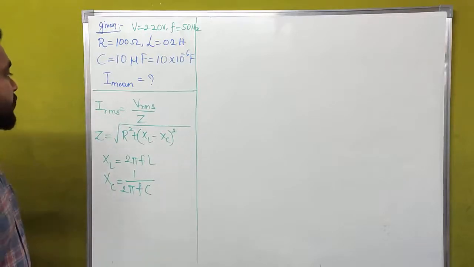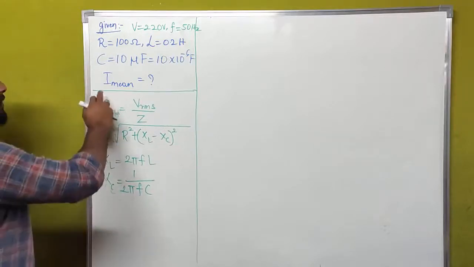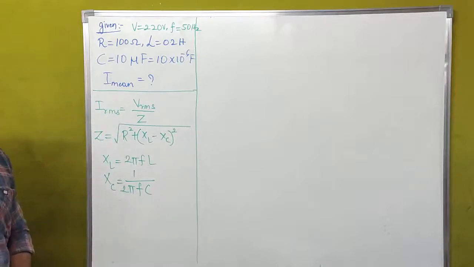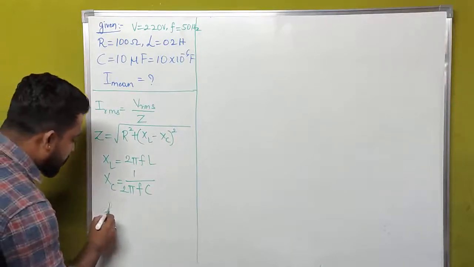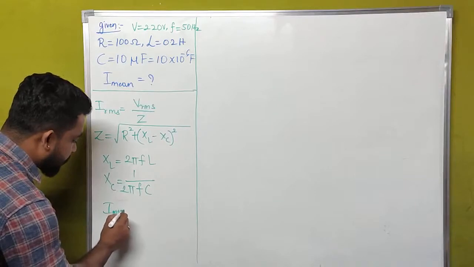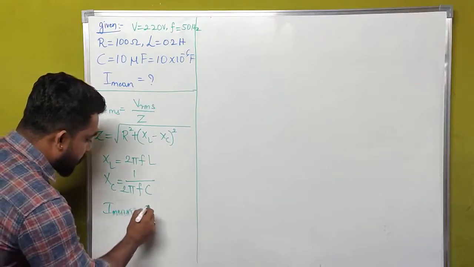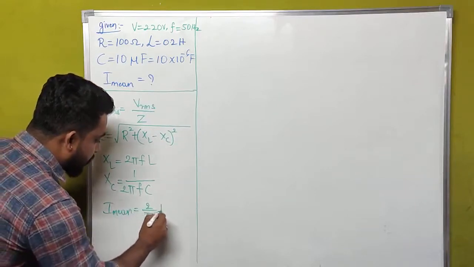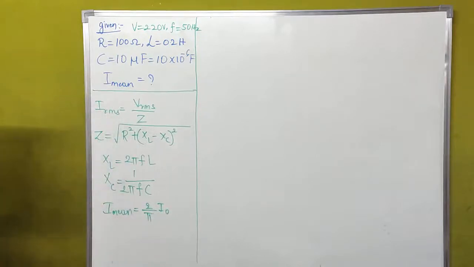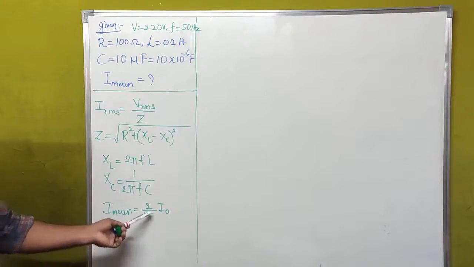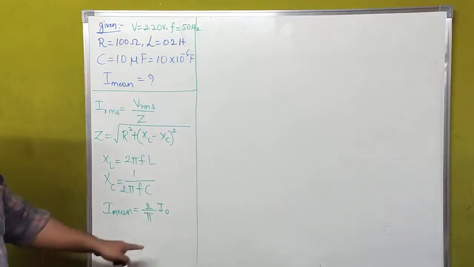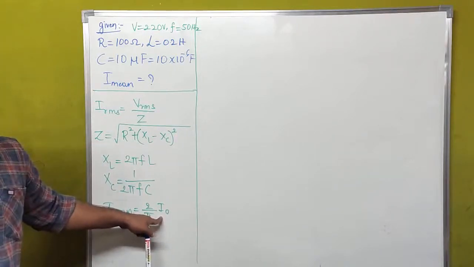Now, what is the main thing which we have to find? That is I mean. What is the expression for I mean? I mean is equal to 2 divided by pi into I naught. This is the expression for the mean value of current. But here we don't know the value of I naught.